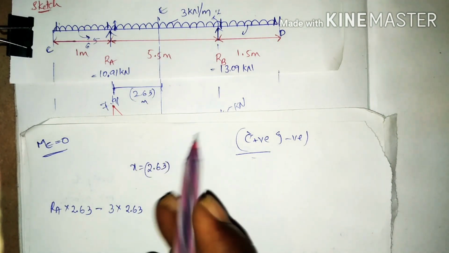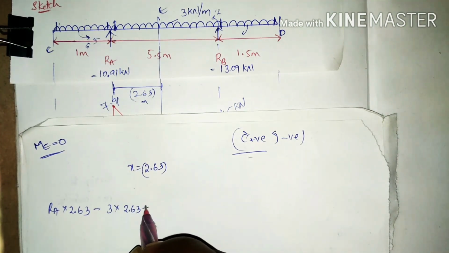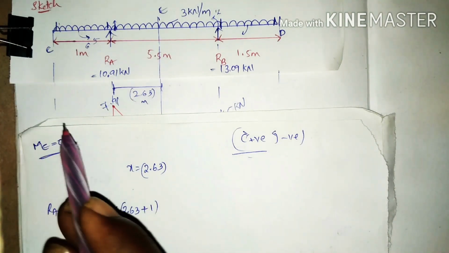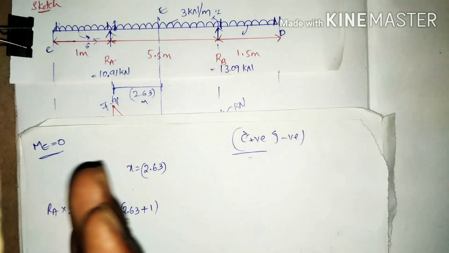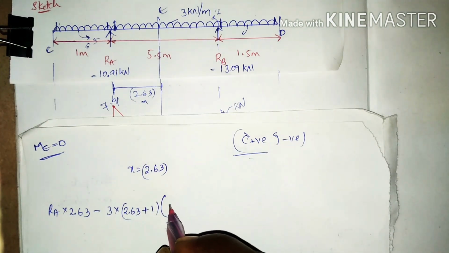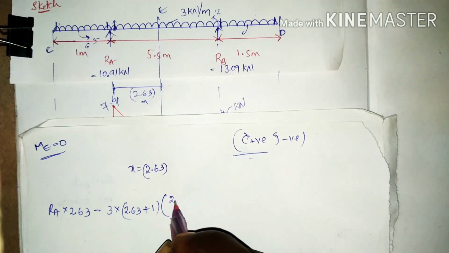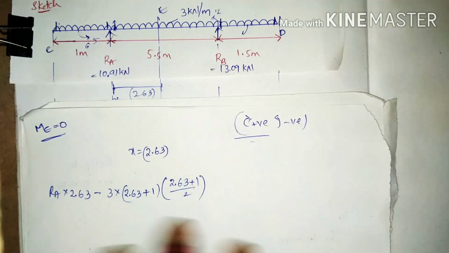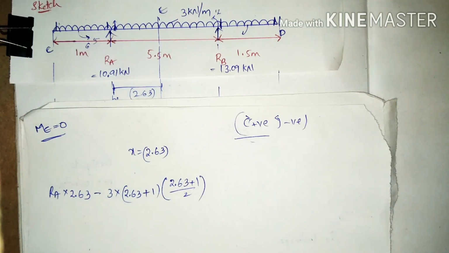RA to E is 2.63 plus 1, because here we have 1 from RA to C, and taking the moments from the midspan of this, that is 2.63 plus 1 by 2. This is going to be the moment about E.